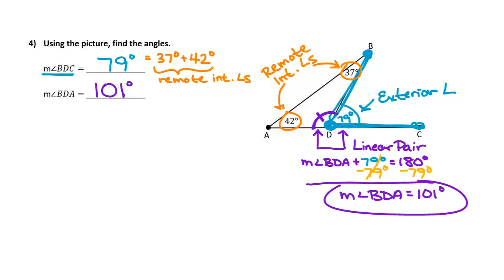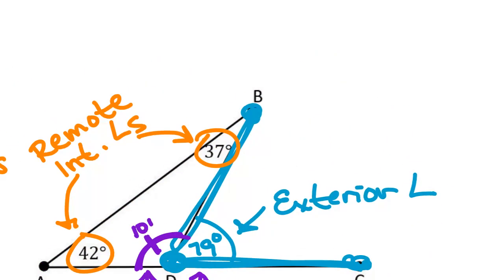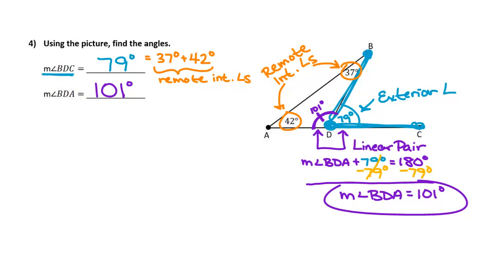Could there have been another way to answer that last question to get this 101 degrees for right here? How else could you do that? Yes. These 3 angles, the 3 inside the triangle, always add up to what? 180.